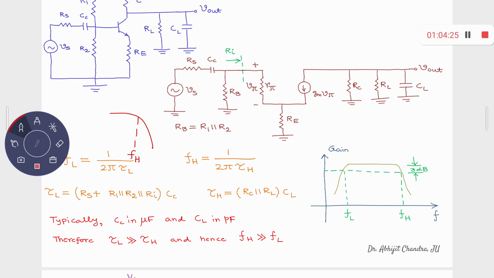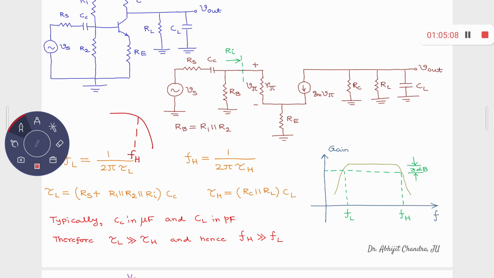But if you select some CL in the range of say 100 or 1 microfarad, what happens then? Just like your coupling capacitor, if you select CL in the range of microfarad or nanofarad, say for example nanofarad, 10 to the minus 9 multiplied with 10 to the 3 will give 10 to the minus 6, microsecond, right?